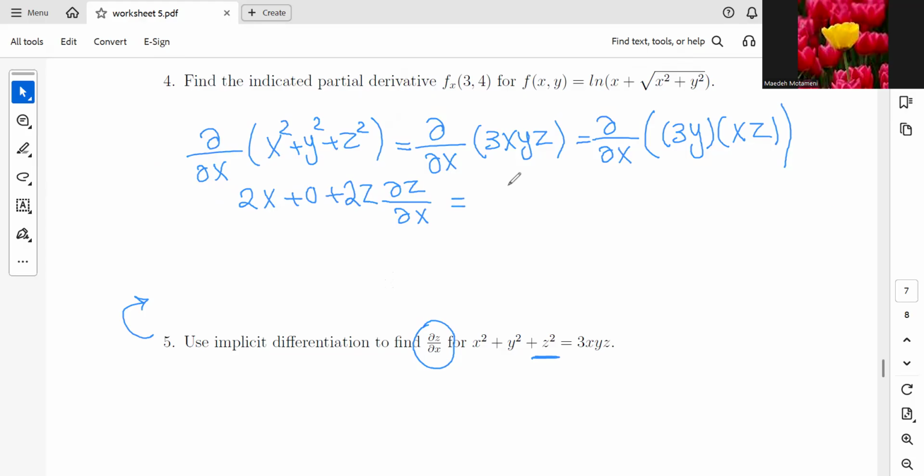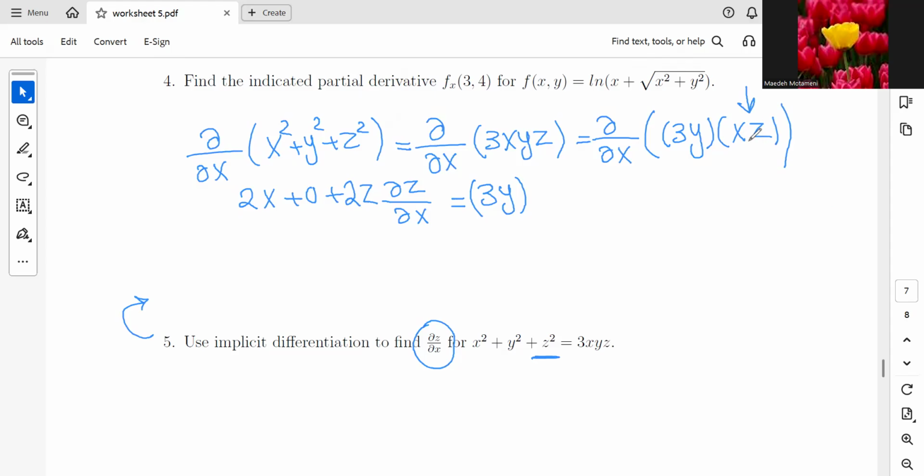For the right side, it can be a product rule. For the product rule, when you find the derivative, you can write 3 times y as the coefficient. And for this part, it's a product rule because x is the variable, and we know that z is a variable which is dependent on x.